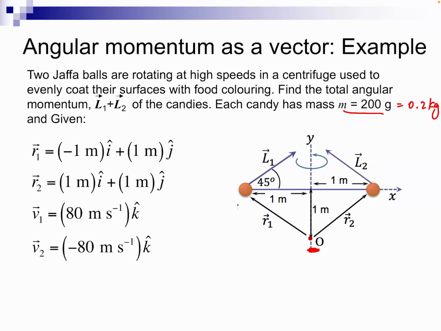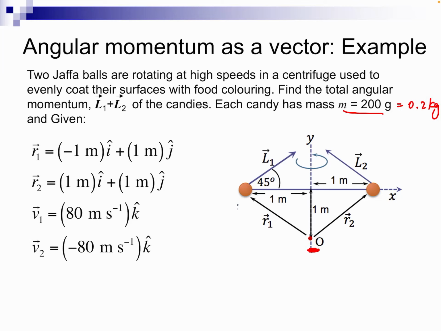Similarly, for this Jaffa ball that's moving towards the board, the r vector will also have a j component and an i component. I got the signs wrong because I'm of course facing you.